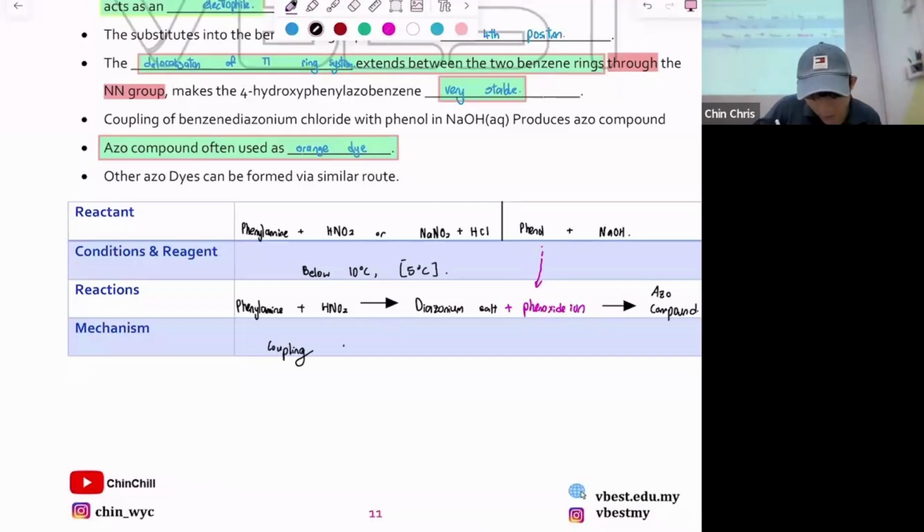This is a coupling reaction. Usually in the exam, we just write 5 degrees. Below 10 degrees, but usually in the mark scheme you will see 5 degrees, or sometimes below 10 degrees.